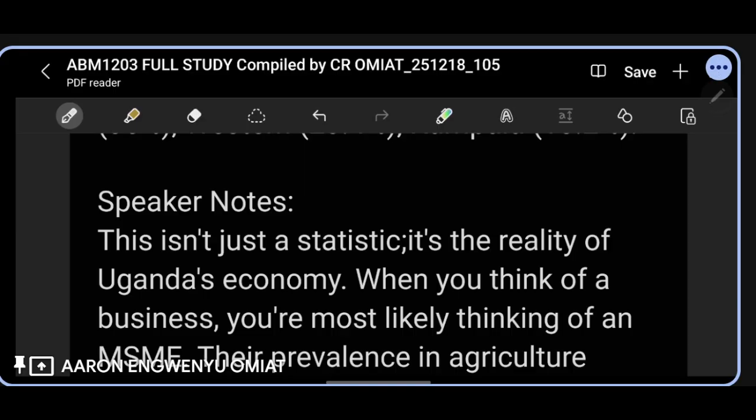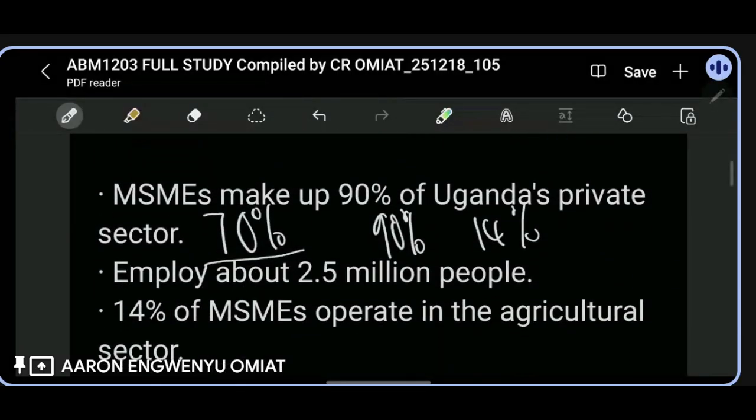Okay, let's go ahead. Let me just recap this once again. MSMEs in Uganda are 90% of businesses, but in the agriculture sector, only 14% of them are MSMEs. So this shows that there's a big gap, yet agriculture employs 70% to 80% of the population.